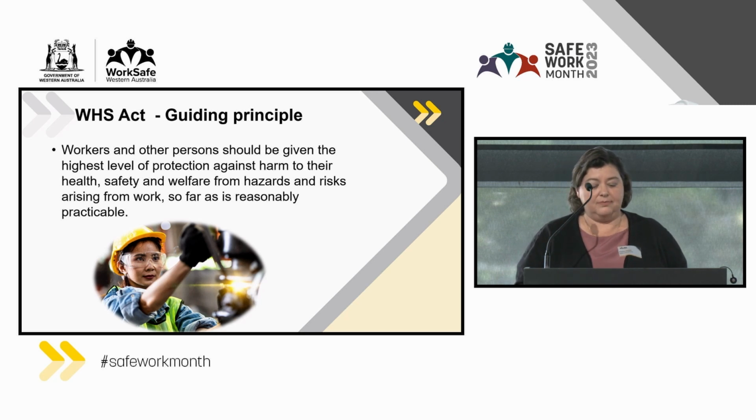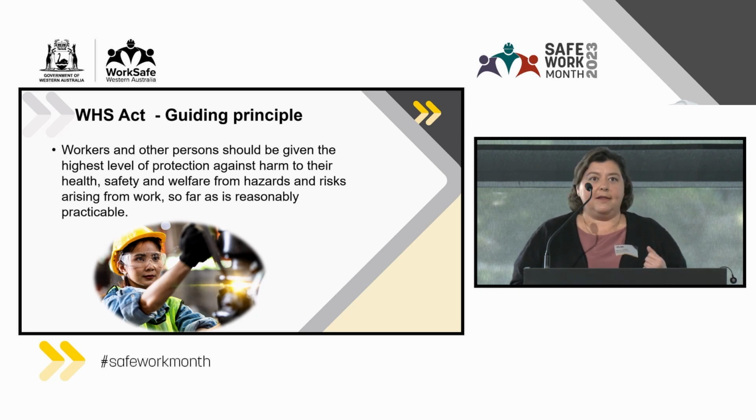So looking at the guiding principle of the WHS Act, basically workers and other people need to be given the highest level of protection against harm. So I think this is relevant to some of the points that were raised about precise measurement of exposure. Precise measurement of exposure is good where you can get it, but actually our guiding principle that is supposed to guide us is to give the highest level of protection.